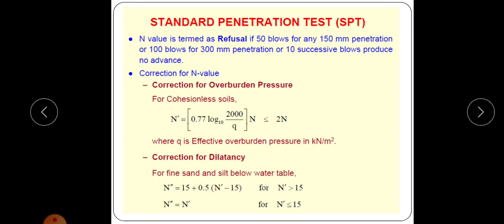Next is the dilatancy correction. The dilatancy correction is applied to the corrected N value, that is N dash, and the result is marked as N double dash.